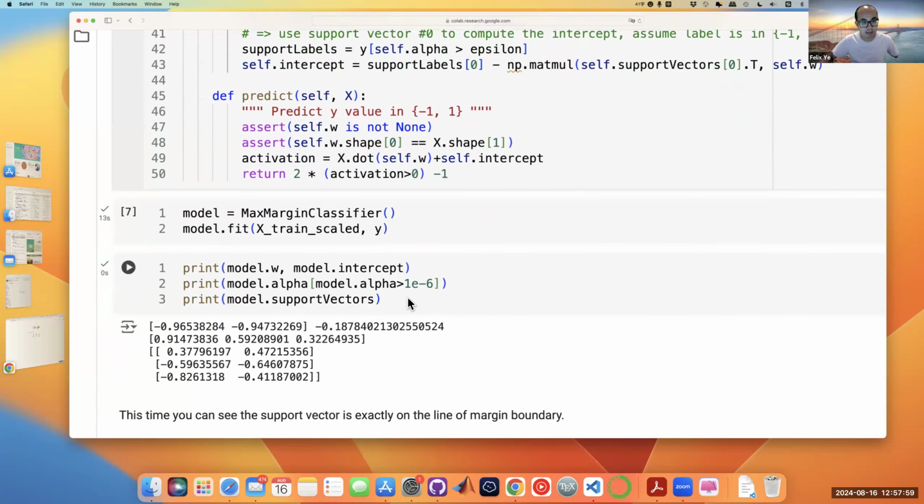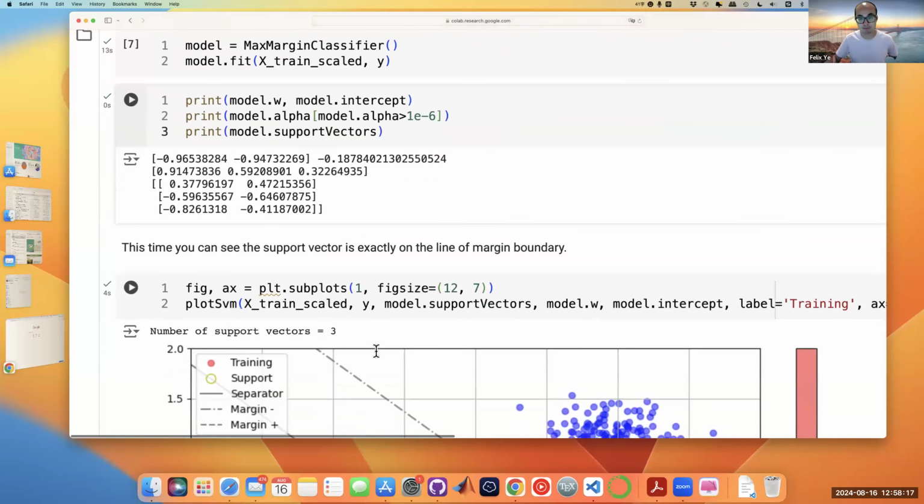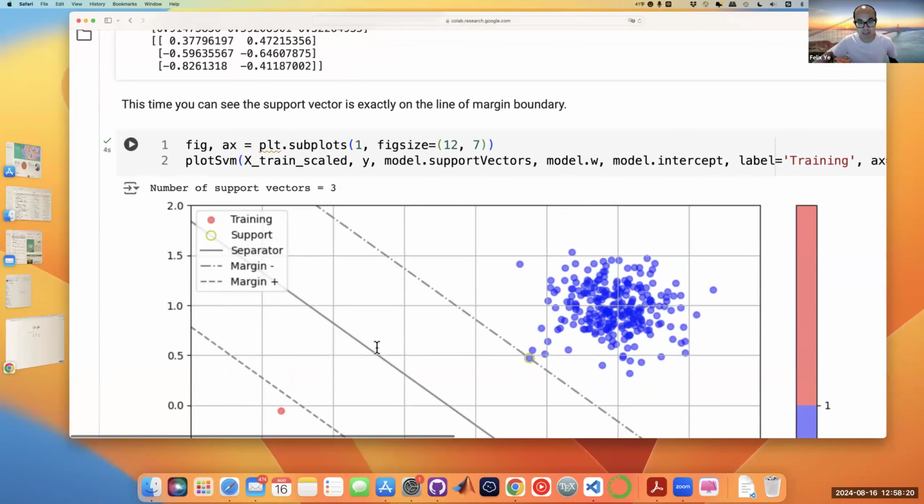So you run everything, and we find 3 support vectors right here. This is my W, and this is my intercept, and we find there are 3 alphas bigger than the threshold, corresponding to 3 support vectors. In fact, we can visualize that explicitly.